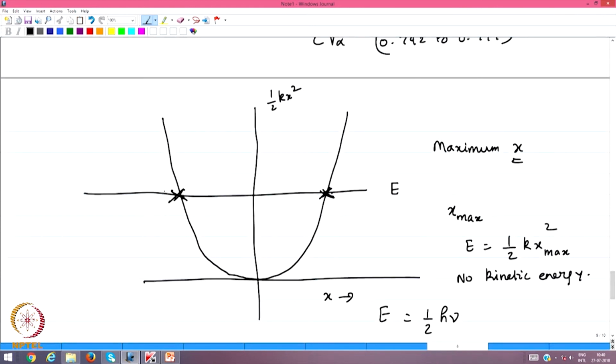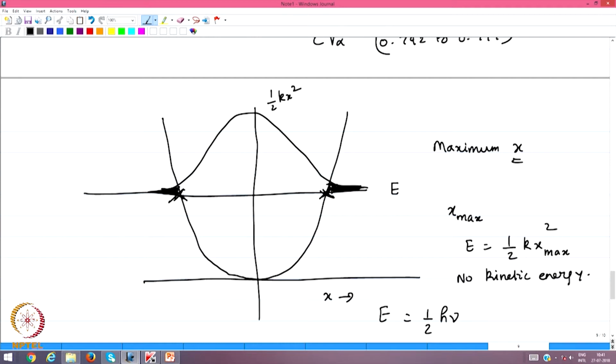Supposing for the ground state, the square of the wave function has this shape. Then what you see is all values of x beyond the x max, which is this region. They are symmetric. Therefore, if you calculate either this or this, and then take twice that, this is the probability that the oscillator is in the forbidden region.